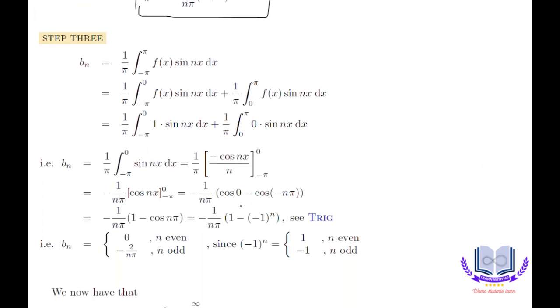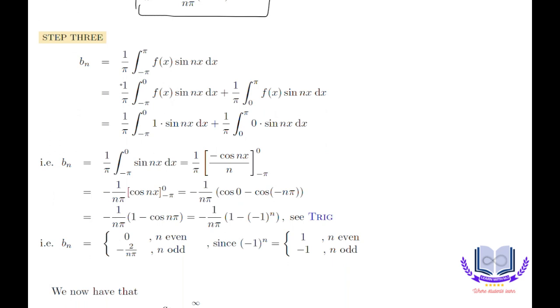Now in the third step, we have to calculate the value of bn, which is 1 by pi. Again, we have to break the limit as minus pi to 0. We will use 1, and for 0 to pi, we will use 0. Again, no need to solve it. Directly put 0 here, and for that, you have to solve. So after solving, you will reach at that point after putting the limit.